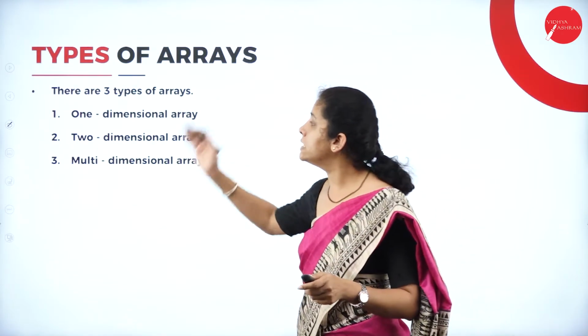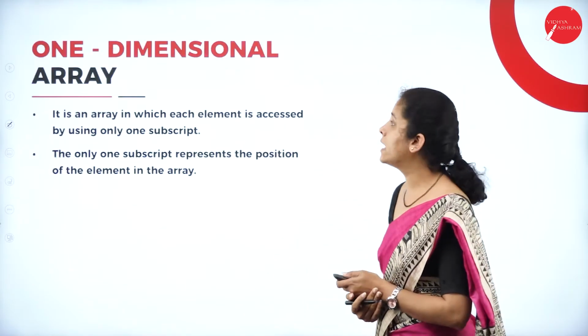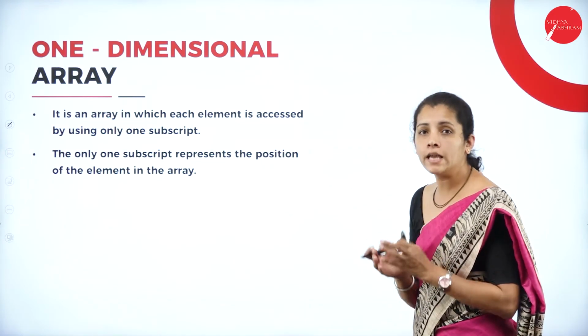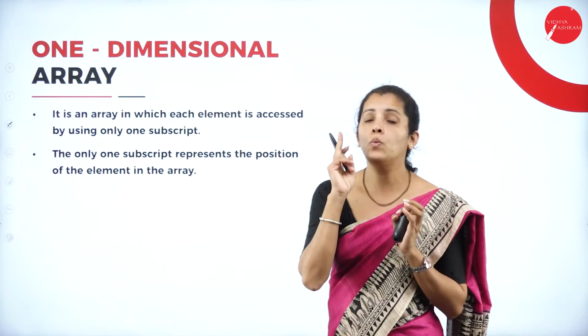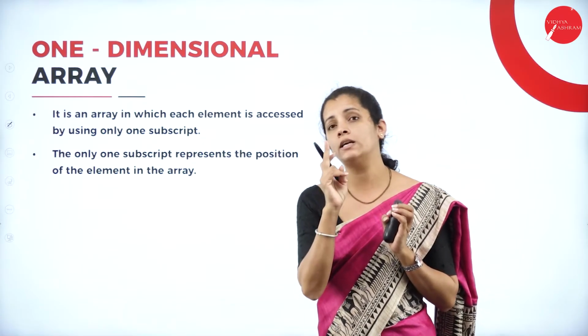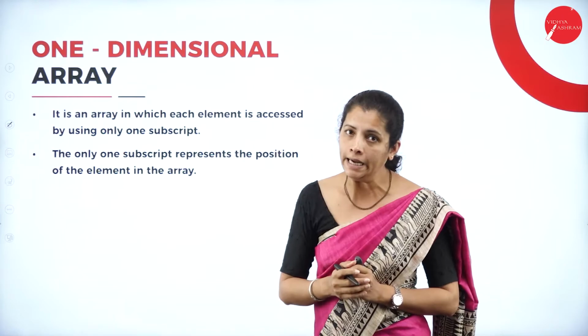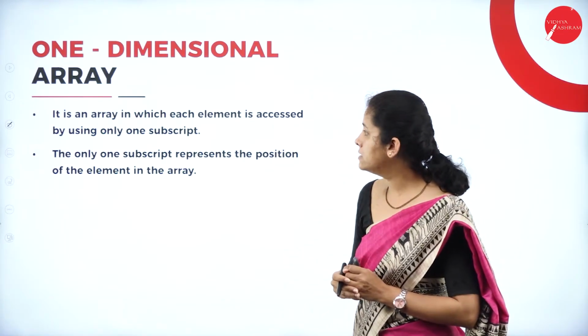So dear student, let's see what is a one-dimensional array. As the name itself indicates, the array is going to have only one dimension. So here what is a dimension? That is nothing but the index or indices.